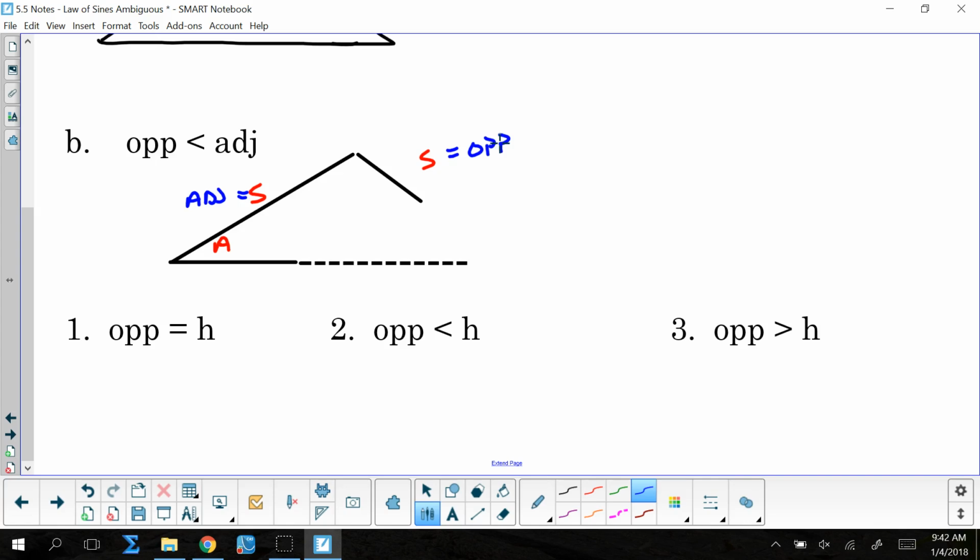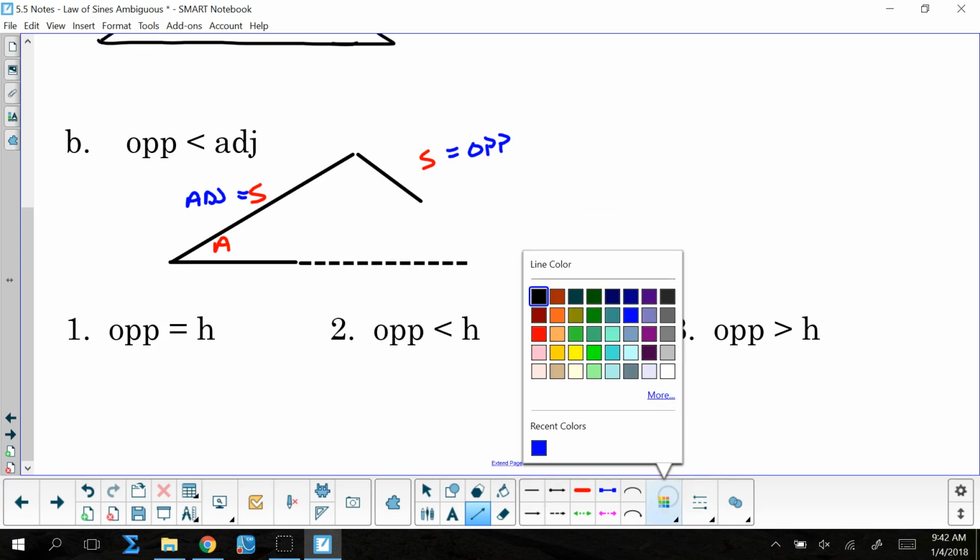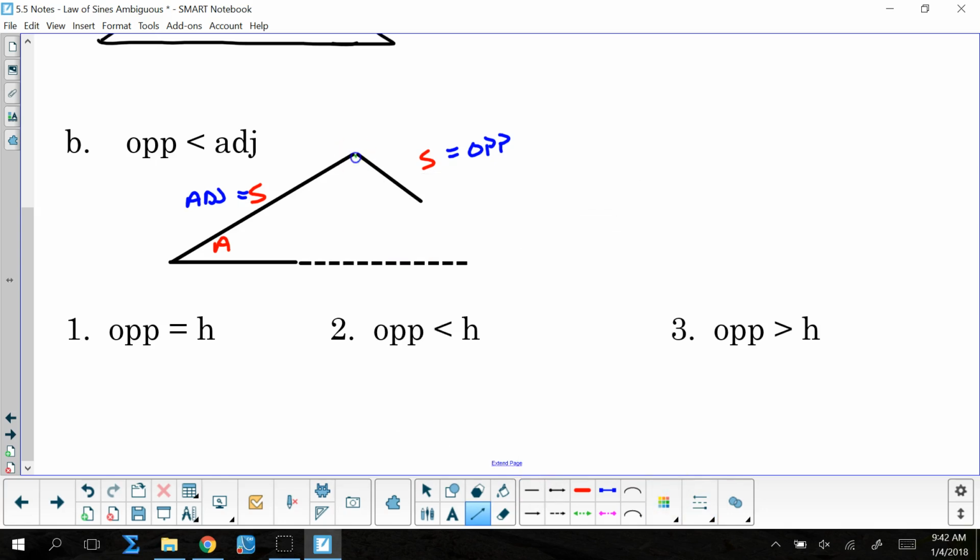The kicker here is you have to look at the height of your triangle. And we can easily find the height of our triangle using the sine, because it becomes a right triangle.